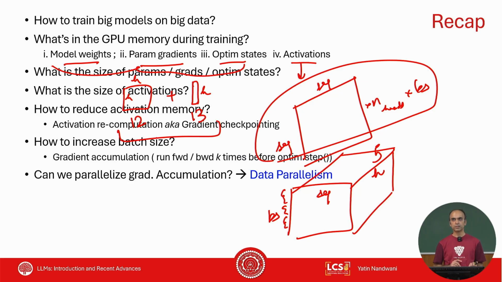Then we looked at ZeRO-2, where in addition to the optimizer states, we also sharded the gradients, right? Because once we use the gradients to update the optimizer, we don't need to reserve the gradient for each parameter on all the GPUs.